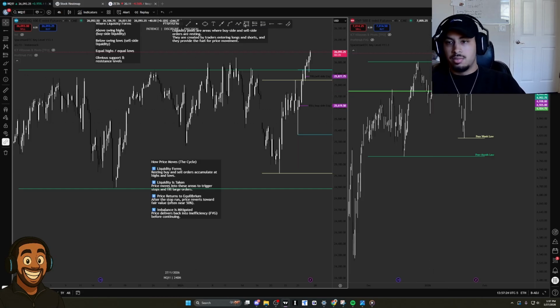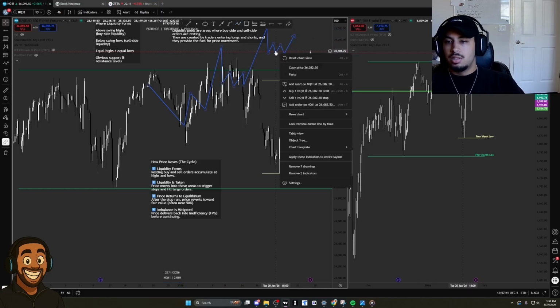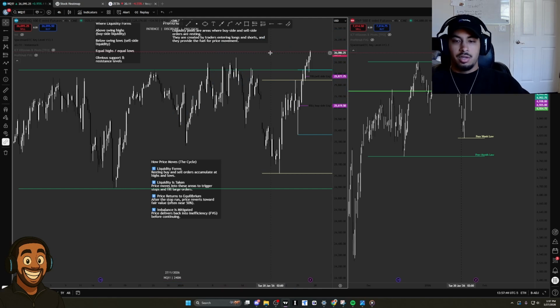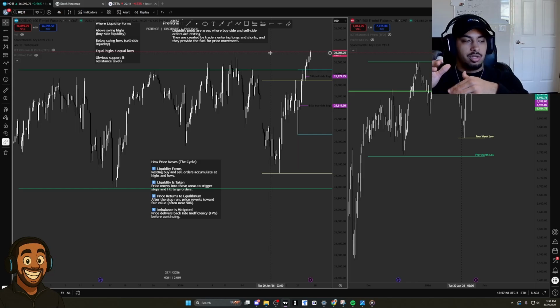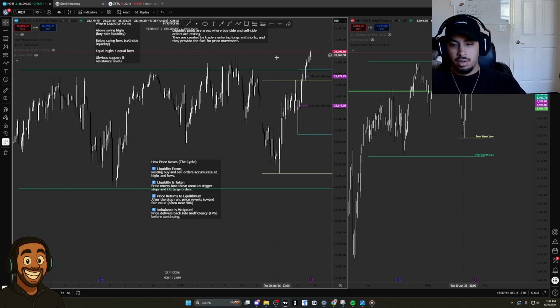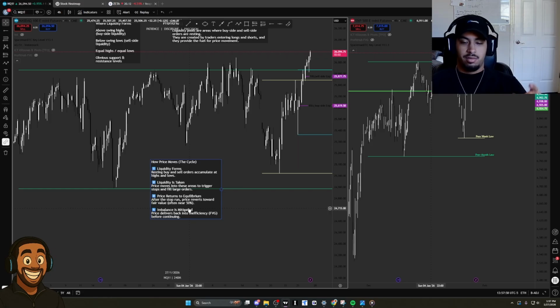So what ends up happening is we'll go like this, and so forth. We usually tend to go 50% back into the range that we previously made. So if we go up, up, up, we usually go 50% into that, the equilibrium, which they call fair value.